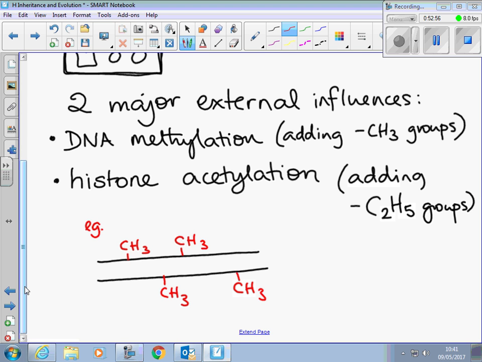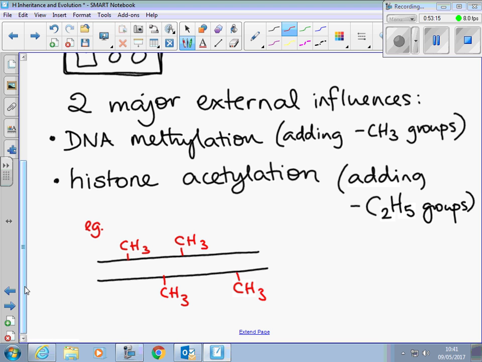Now, on one of those websites that I gave you, I think it's the Learn Genetics one, it could be the other one, there is a virtual lab thing on epigenetics. So you could have a look at that.